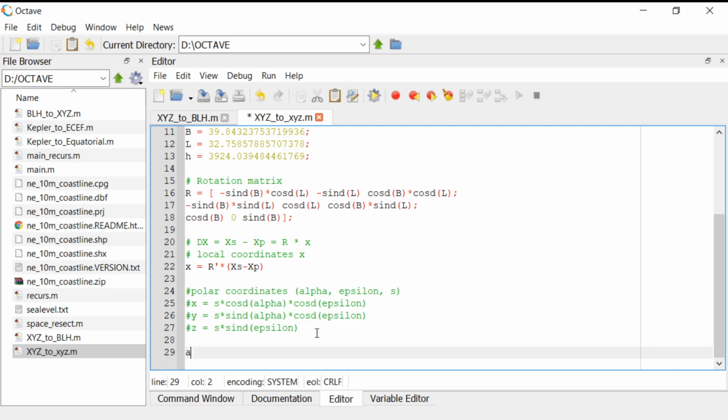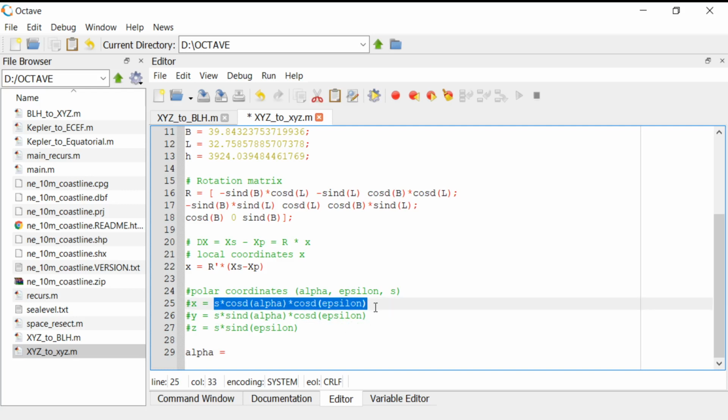For example, for the determination of the alpha angle, I will take the division of y by x. So if I divide y by x, y function is given here and the x function is given here.